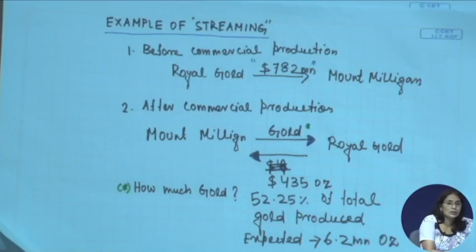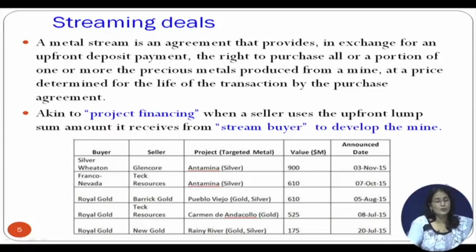Now let's go to this particular slide, some other streaming deals which have been entered. If the table shows, there is a company called Silver Wheaton, and who is the stream seller? Stream seller is Glencore. And what is the project? The project is the Antamina silver project.